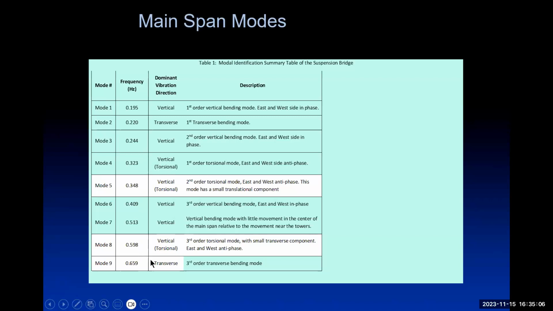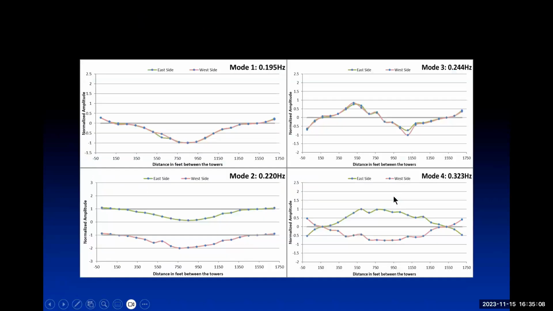So we measured a number of others as well. I'd like to just show you 0.195 hertz was this, and you'll see east and west side of the bridge, which was what we measured, we found very slight differences in some places. This is the amplitude of the response. So what we're saying here is that there is less stiffness in a certain place.